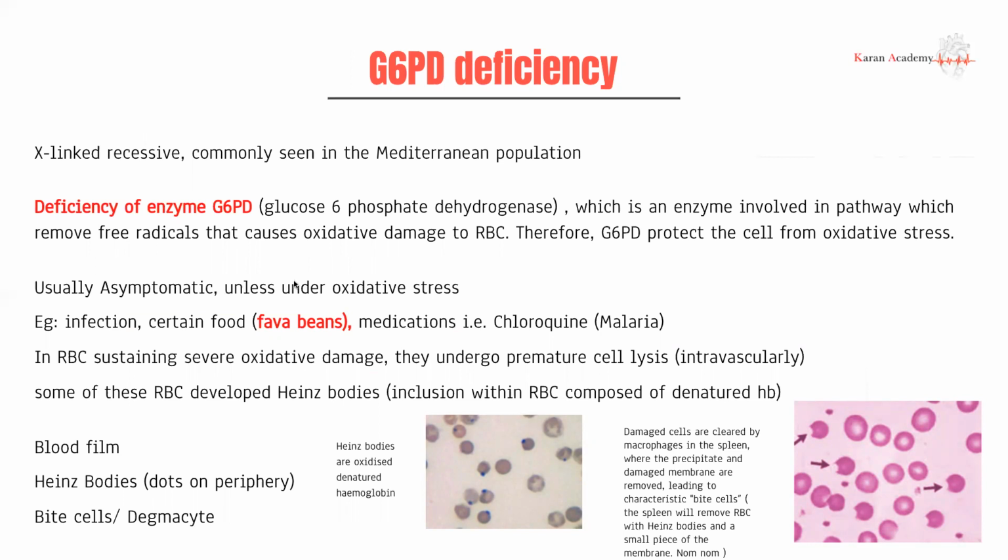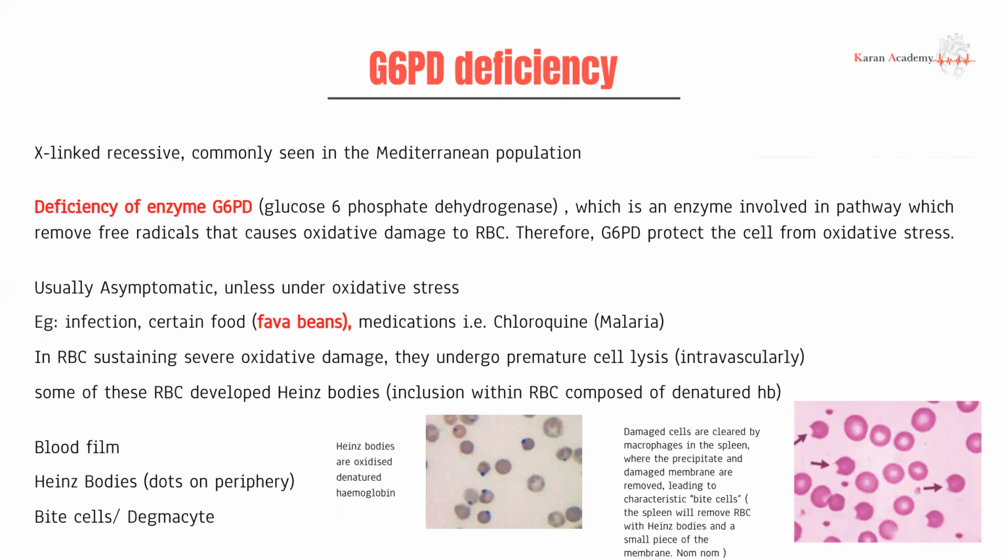Now, in terms of understanding how this is going to present both on blood films and clinically, you need to understand what G6PD does in the first place. So, usually with any cell, you have a process called oxidative damage. What is oxidative damage, you ask? Well, oxidative damage or oxidative stress is a process that each cell undergoes when it's exposed to oxygen, and the oxygen in the cell reacts and produces these things called free radicals.